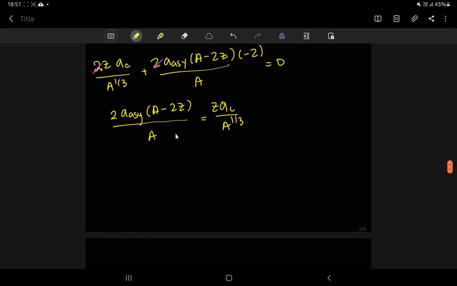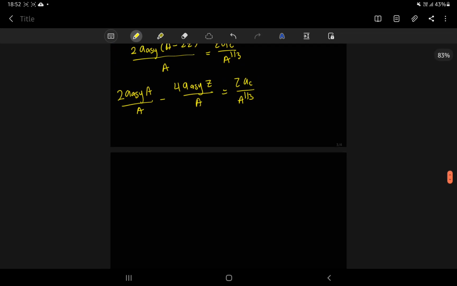Let's distribute the term: 2A_asym times A divided by A, minus 4A_asym Z over A, equals Z A_C over A to the power of 1/3. The A divided by A cancels like that.